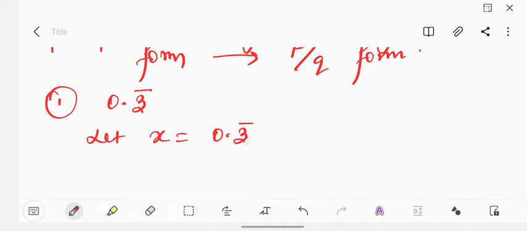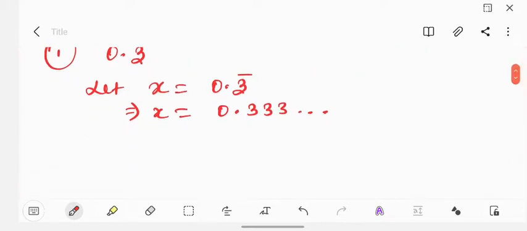So the number 3 is getting repeated again and again. That implies x equals 0.333, and the 3 dots represent the continuation, that is, an infinite number of times. Now we can see the repeating block has only one digit, that is 3.